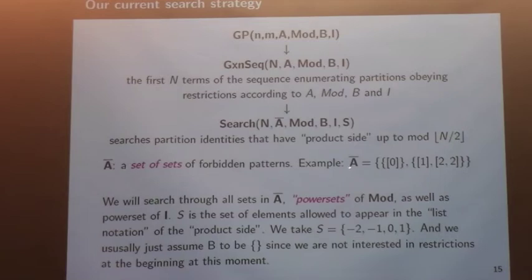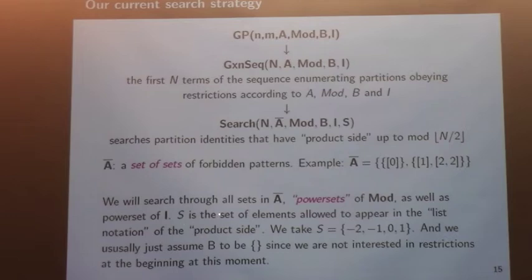For example, A bar can be equal to a set containing these two sets. So we will search through all sets in A bar, and power sets of mod. In quotation marks, because we're actually searching for partition products of the power sets of the sets in mod. I will use some examples to explain later, as well as power sets of initial conditions.